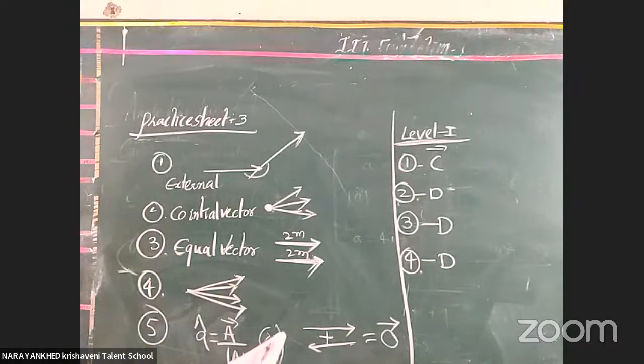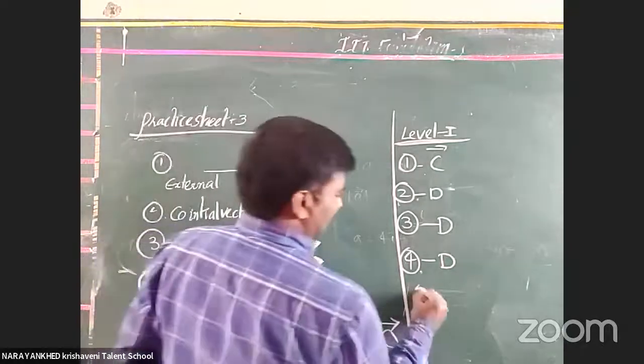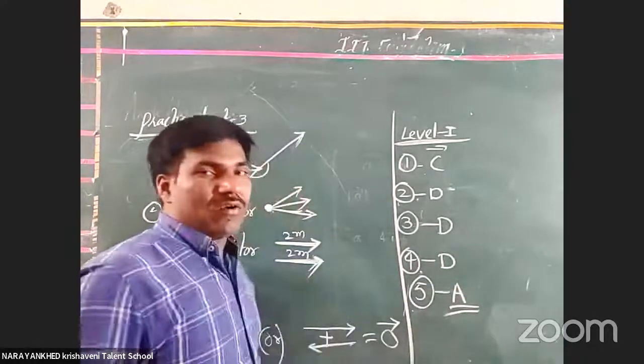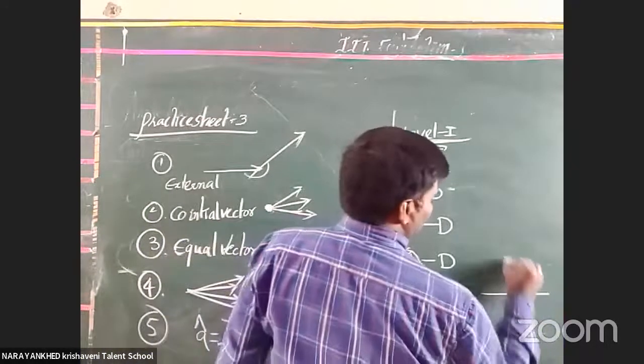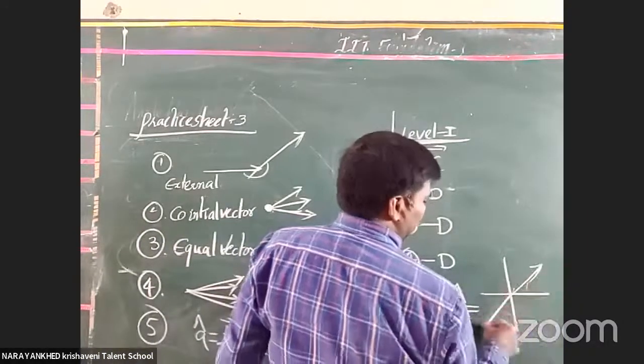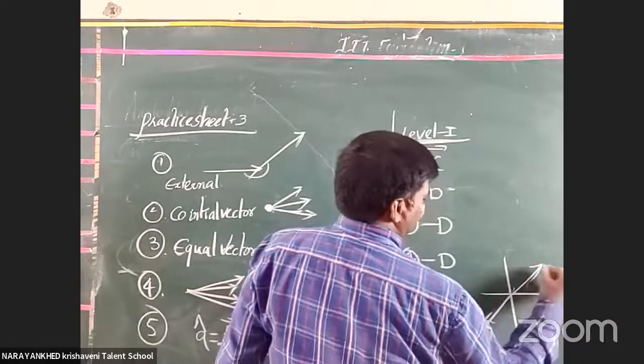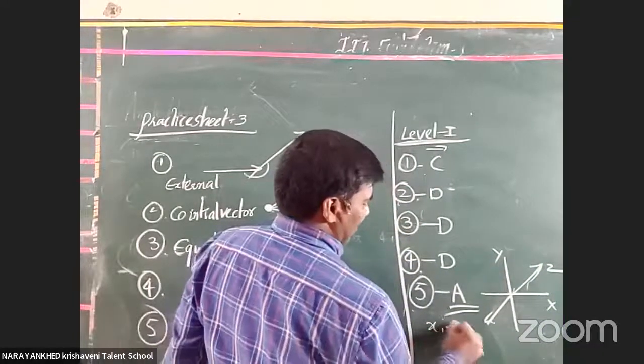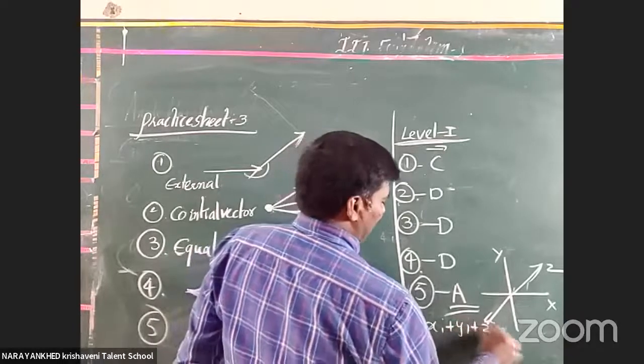Next, if any vector possesses components along all three, x, y and z, such vectors are called space vectors. You know very well. Why is it called a space vector? Because it contains components along the x-axis, y-axis and z-axis, like xi plus yj plus zk.